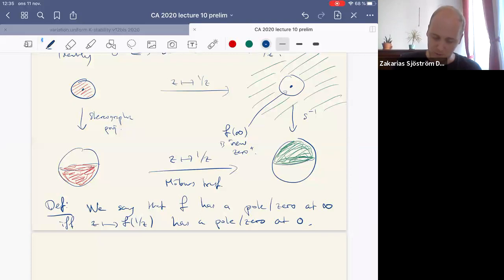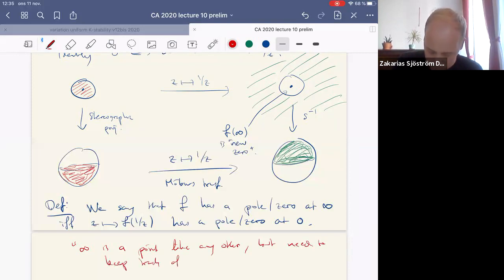So this is what it means, and so really the slogan is that infinity is a point like any other, but we need to keep track of the identification z goes to 1 over z.